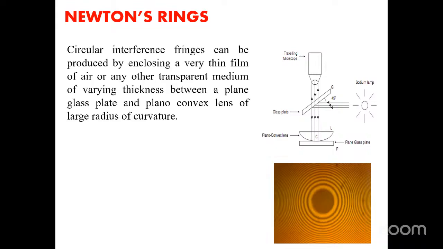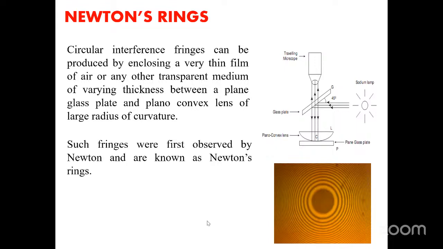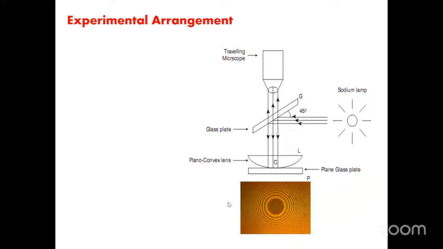You need to observe that. Circular interference fringes can be produced by enclosing a very thin film of air, by varying the thickness between the plane glass plate and the plano convex lens, which was discovered and observed by Newton. On his name only we are calling these Newton rings.